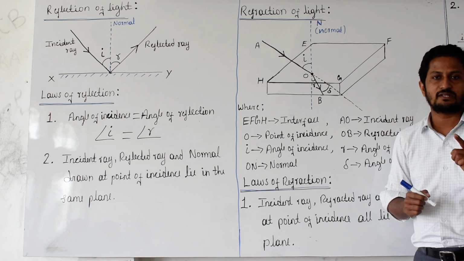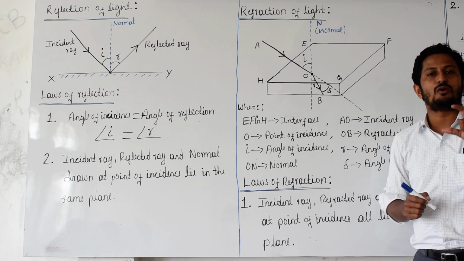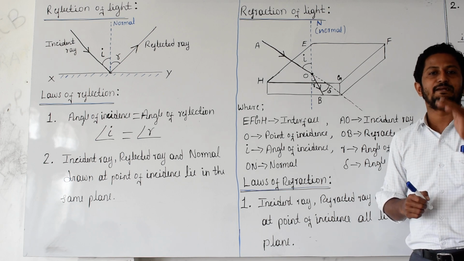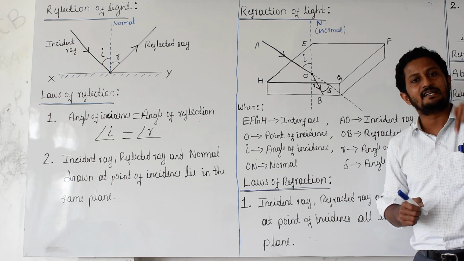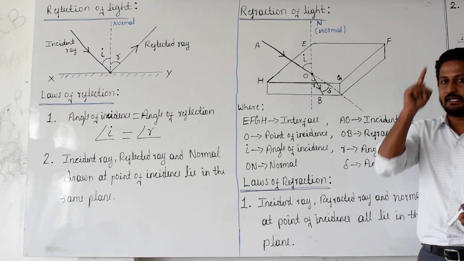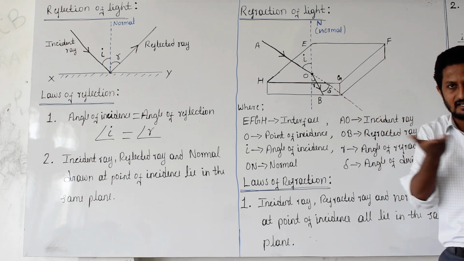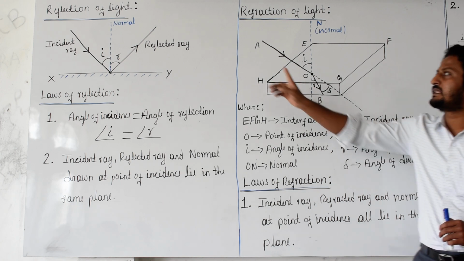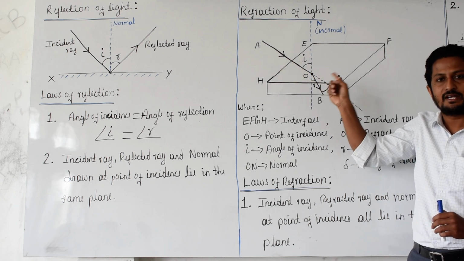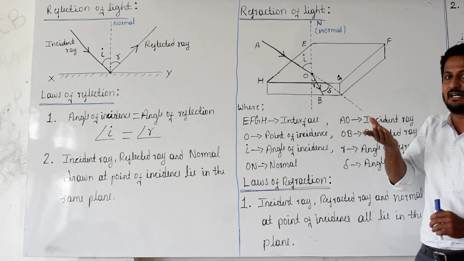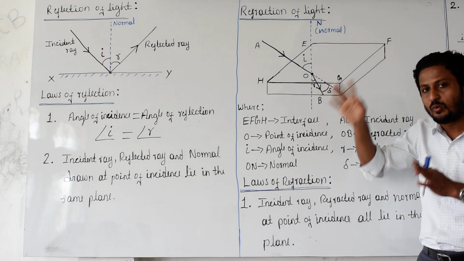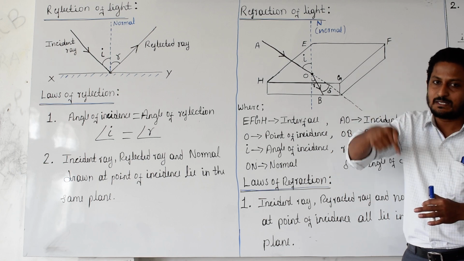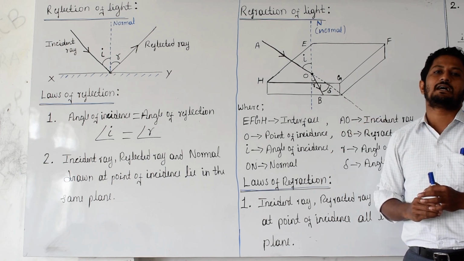When we are talking about refraction, we have to take a transparent medium, means the medium through which light rays pass. Like that, here this glass slab is transparent. That's why when the light AO gets incident on the transparent glass slab at point O, that light AO passes through the glass slab.